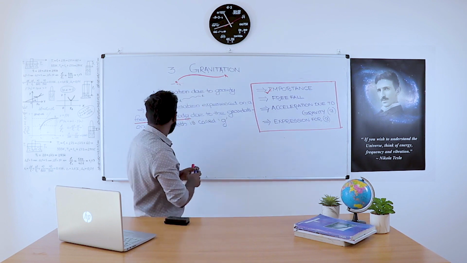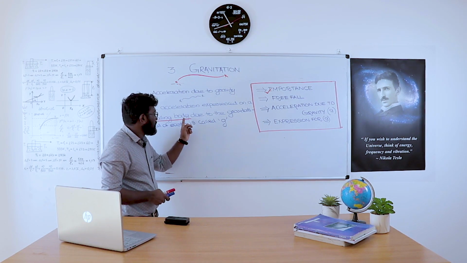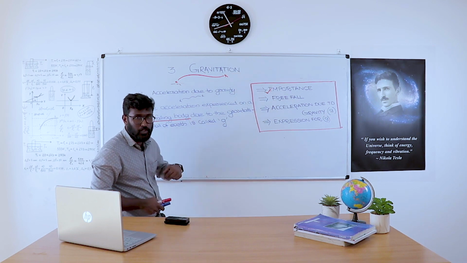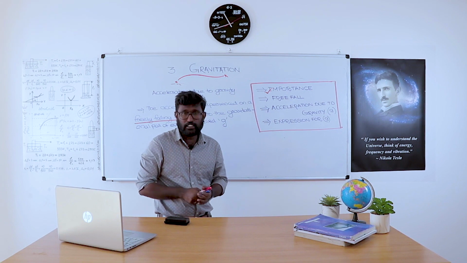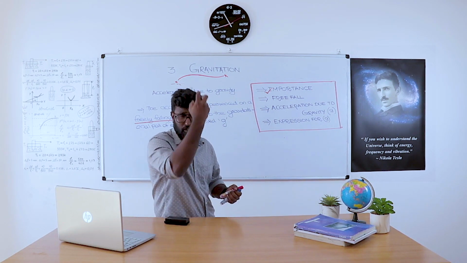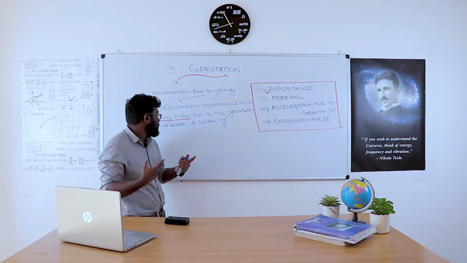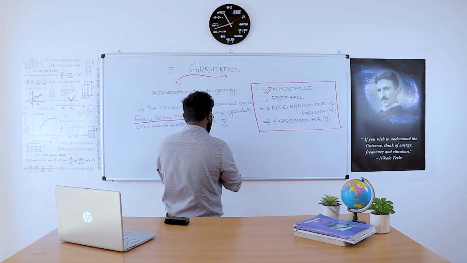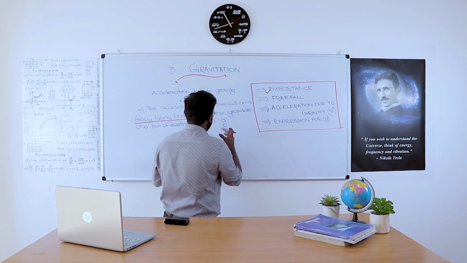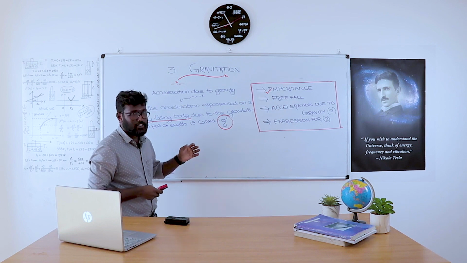So the acceleration experienced on a freely falling body due to the gravitational pull of earth is called acceleration due to gravity g. Earth attracts all objects towards the center of the earth.